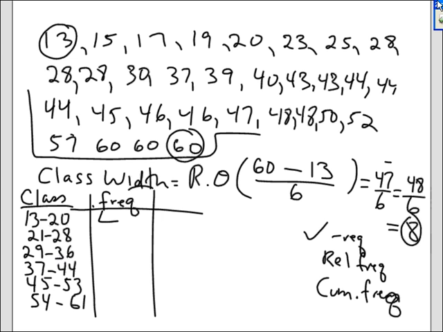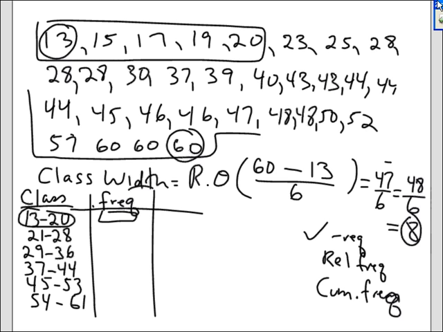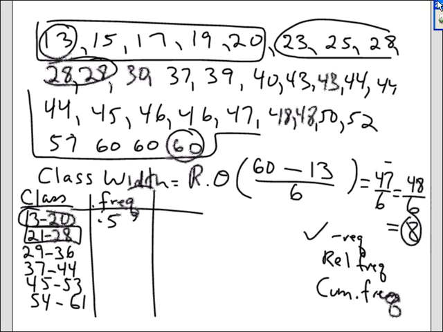Frequency. The number that goes here is the frequency, the number of times that a number landed in that class, 13 to 20. Well, these numbers right there, they're all between 13 and 20, and the frequency is 5. There are 5 of those numbers between 13 and 20. And the number of numbers between 21 and 28 is, well, you have these 3 and these 2, total of 5.